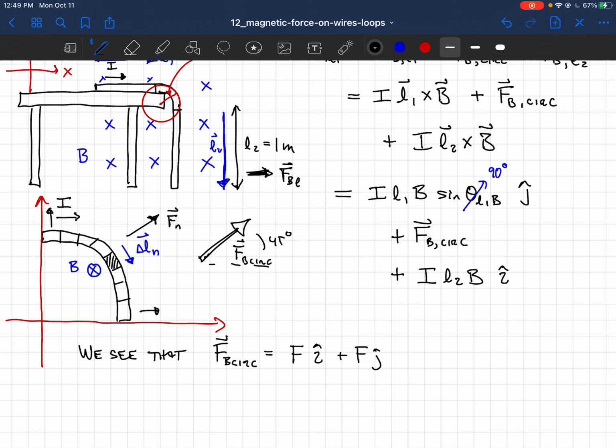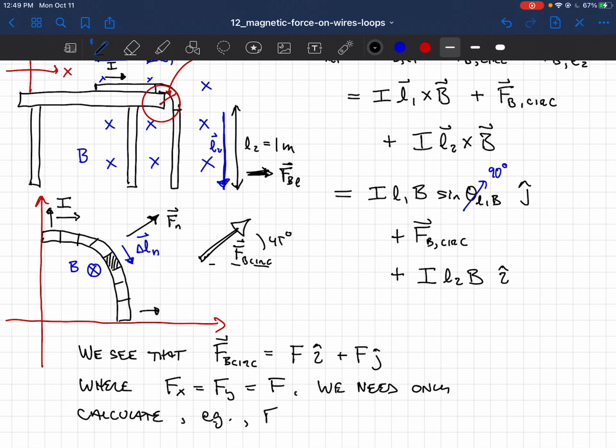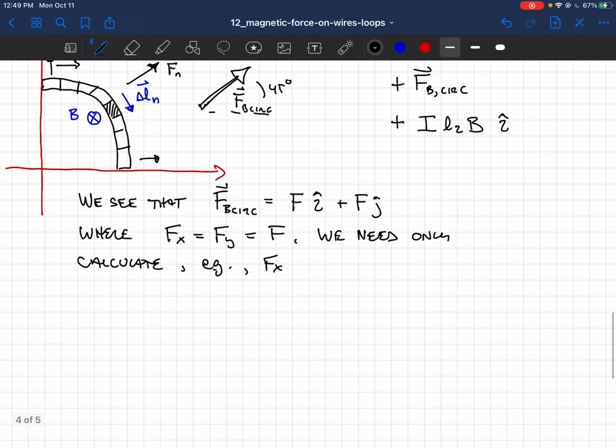So it has exactly the same x and y components, where F x equals F y equals F. So we need only calculate, for example, F x. So let us do that.